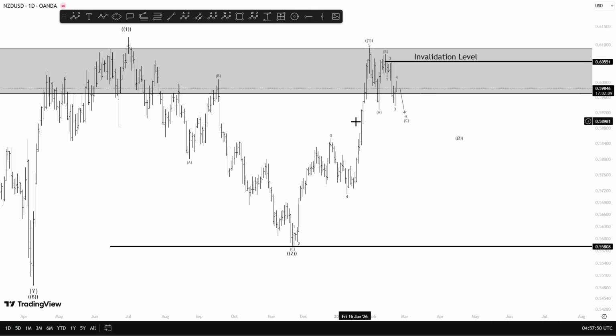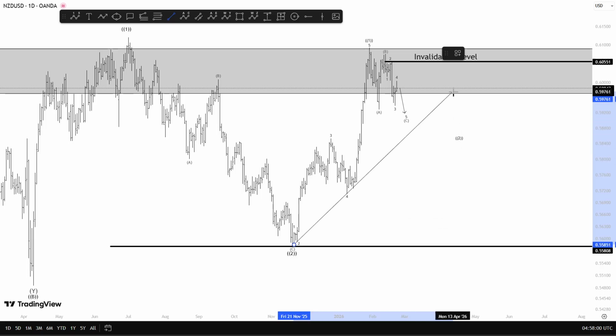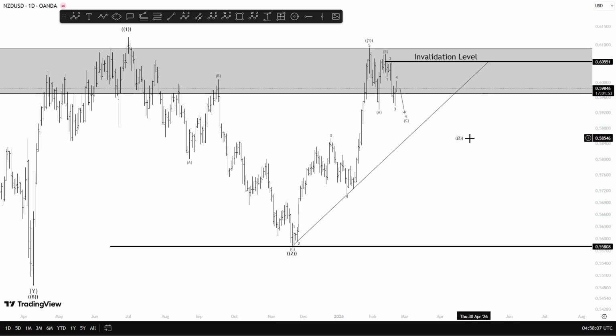Like we said, the expectation should be this. And it is also likely that we break this red line. I think we are likely to break this trend line for wave 2 to complete. Okay, this is what might likely happen after the completion of this ABC.